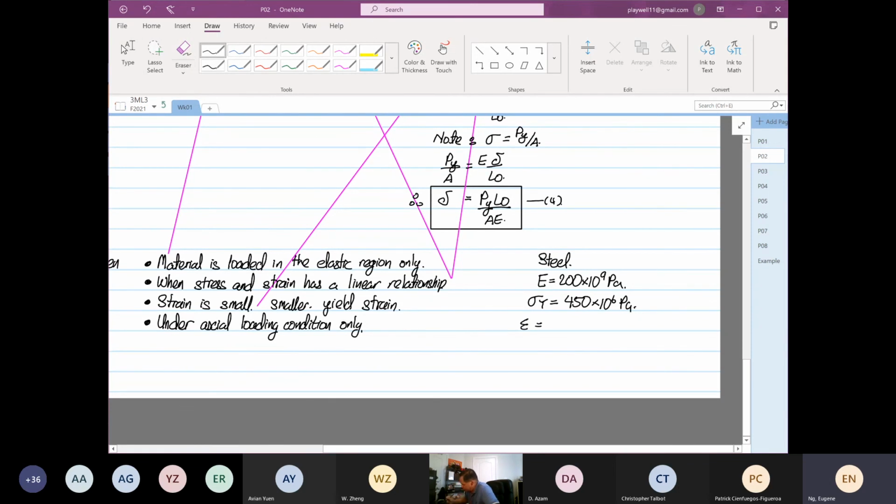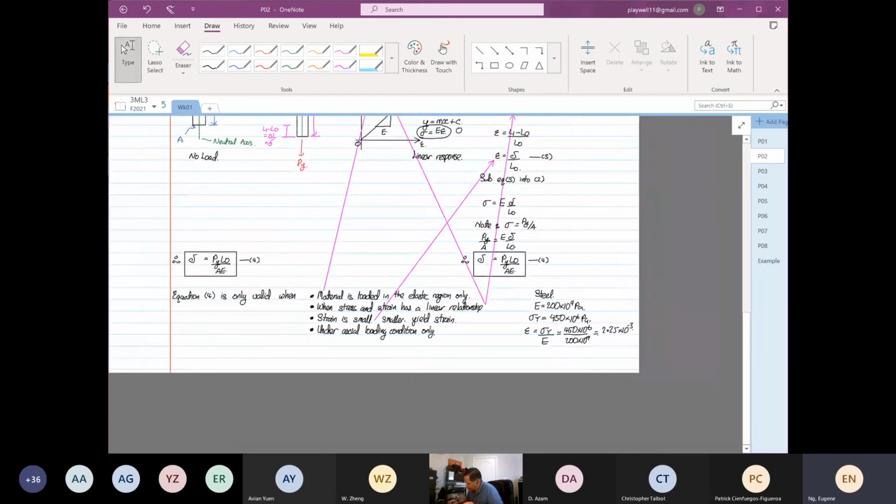The strain is equal to yield stress divided by E, so 450 times 10 to the power of 6 divided by 200 times 10 to the power of 9, which is equal to 2.25 times 10 to the power of minus 3. So the strain is small.